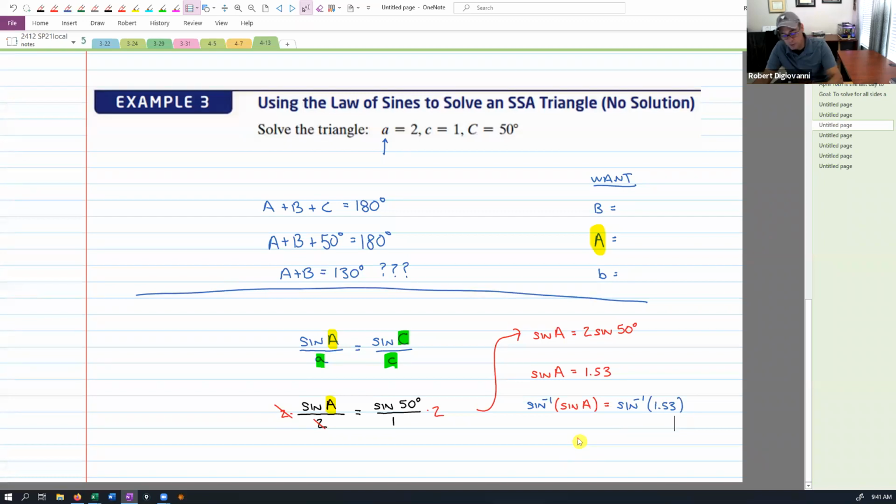On the left side, we should just get A, because when you put arc sine together with sine, they just kill each other off. And over here, we just need our calculator and its inverse sine function.